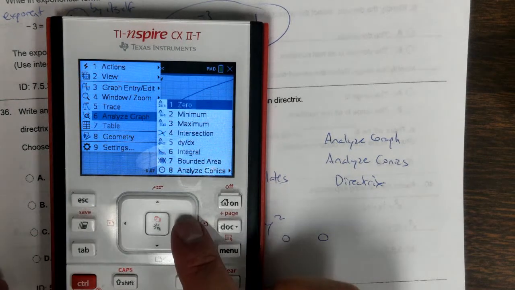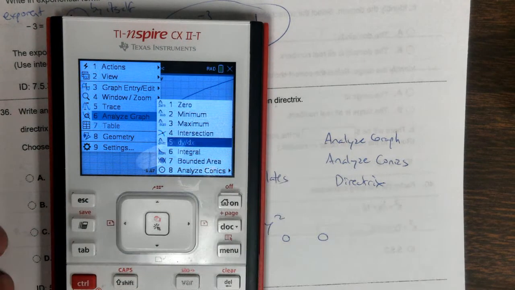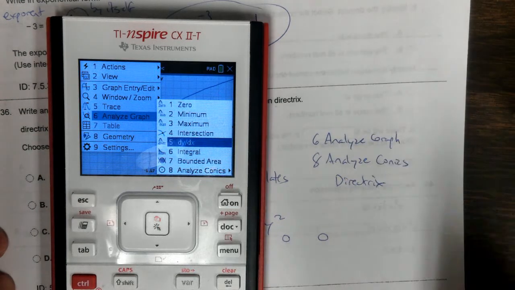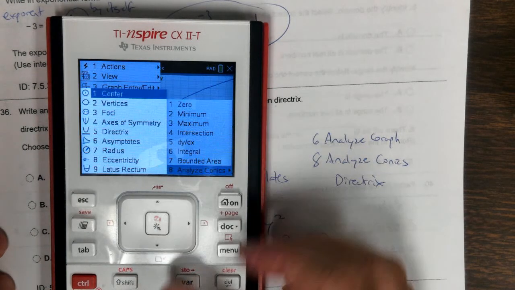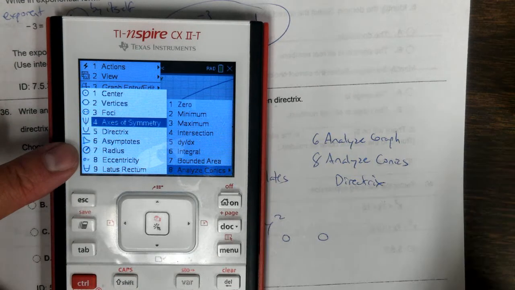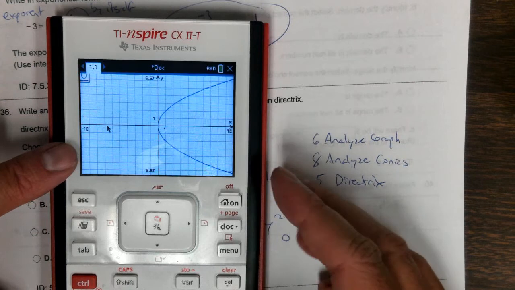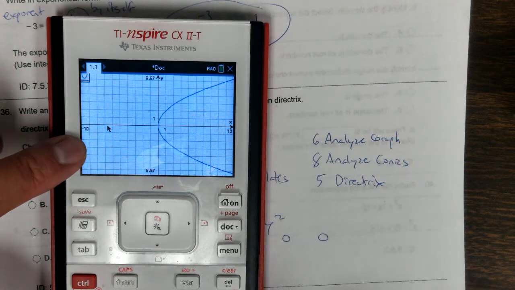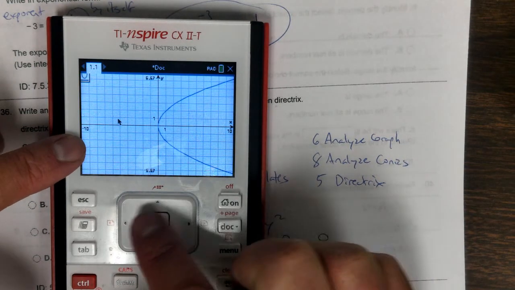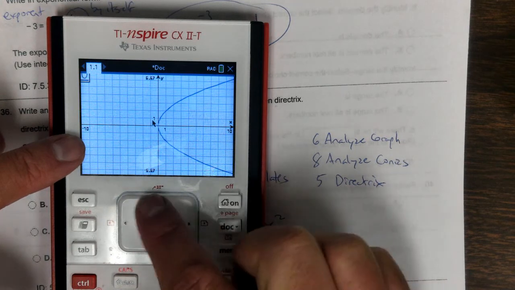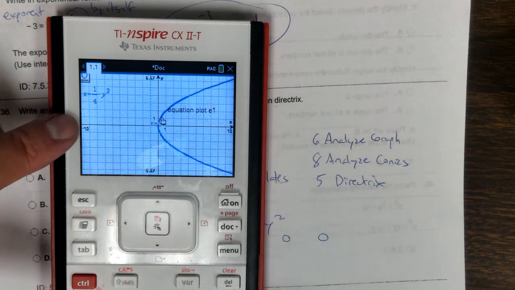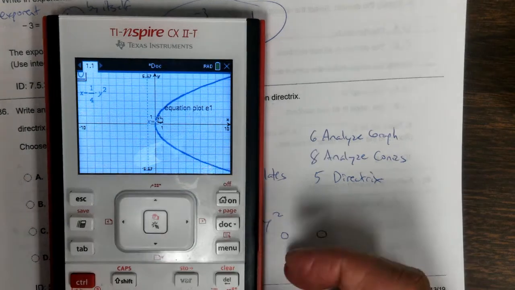So there's your analyze conics, number 8, and number 5 is directrix. Then it looks like it didn't do anything, but if you move your mouse pointer to your graph, it has it. I'm going to click it.